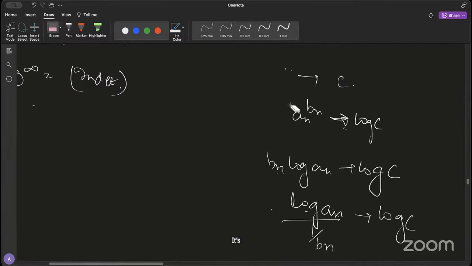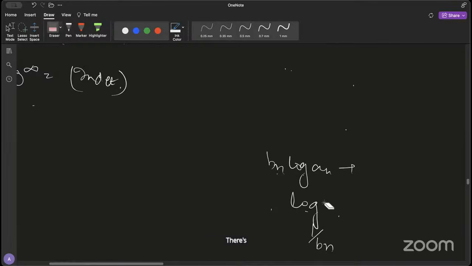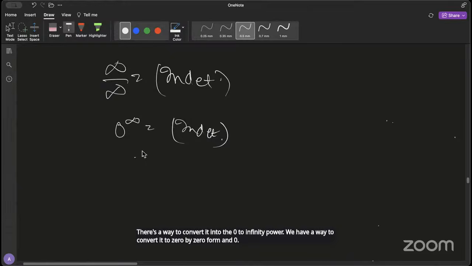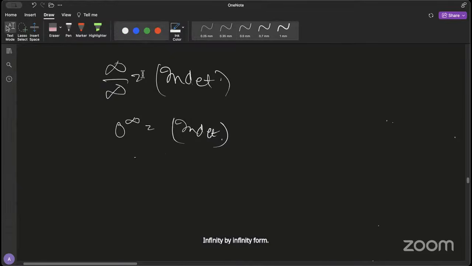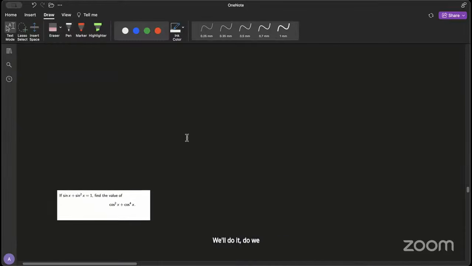Let's not get into this one. I'll have to check this one. There's a way to convert it into the 0 to infinity power. We have a way to convert it to 0 by 0 form and infinity by infinity form. We'll do it. Do we have a question of that form?